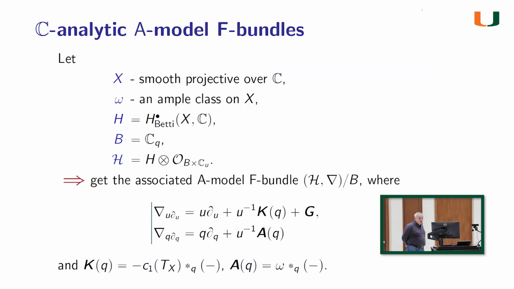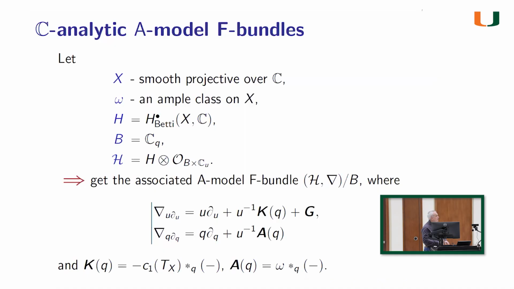And so we take the trivial bundle with fiber H, the usual quantum connection, which is given by basically three operators, K, G, and A, where K and A depend on Q analytically, or formally, or let's say analytically, and G is actually constant.